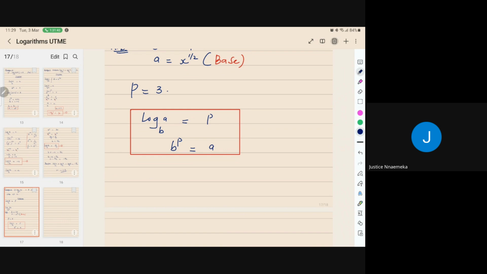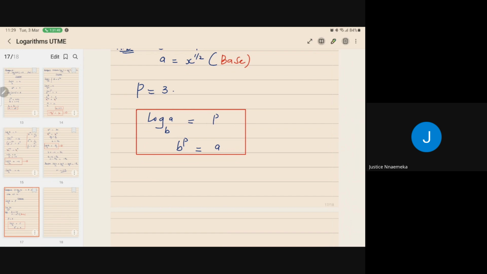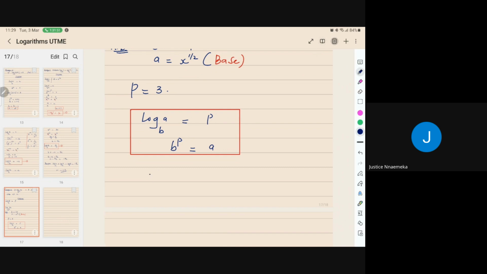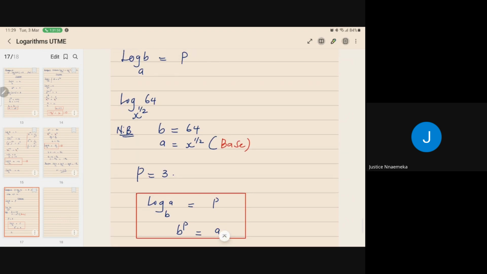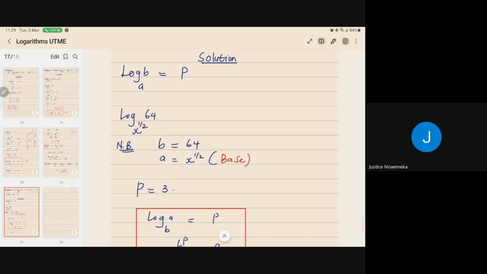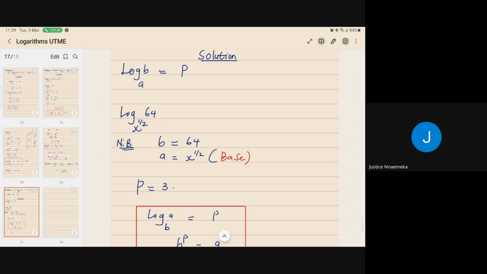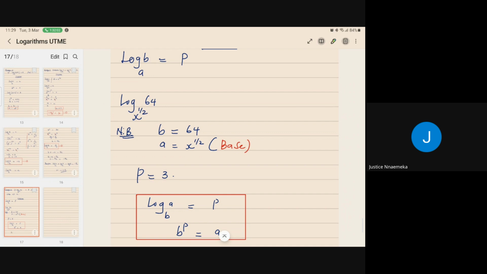So I have that B power P. So that means that I have X. I think I'm messing up things. I'm trying to use an example that makes more sense. B power P is equal to A.